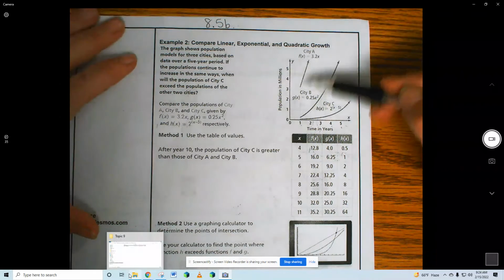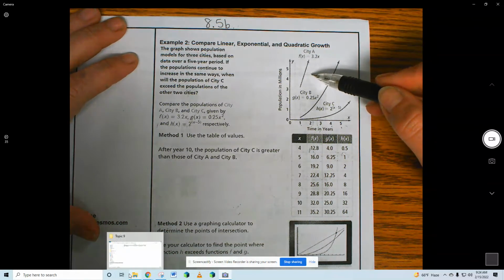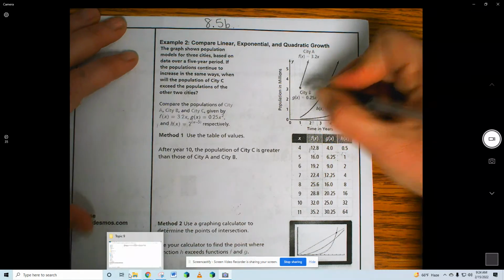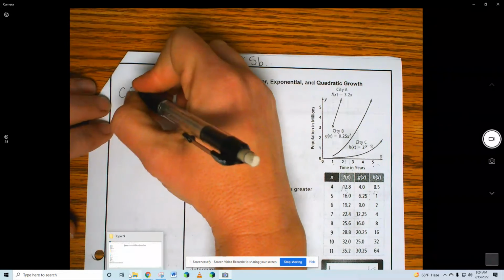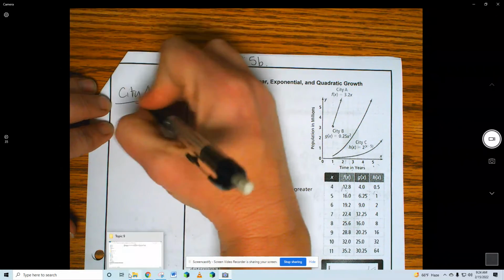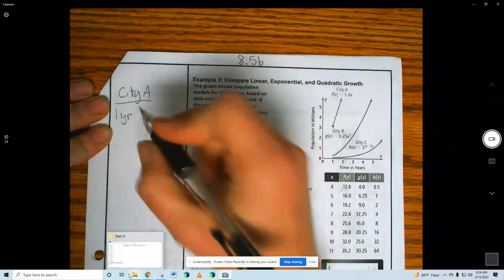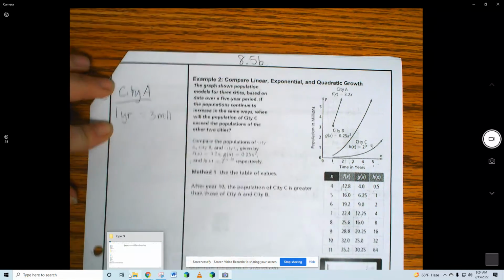First of all, let's look at A. A is linear. It's a straight line. The population started at 1 year. So city A, at 1 year, was at 3 million. So this is linear.